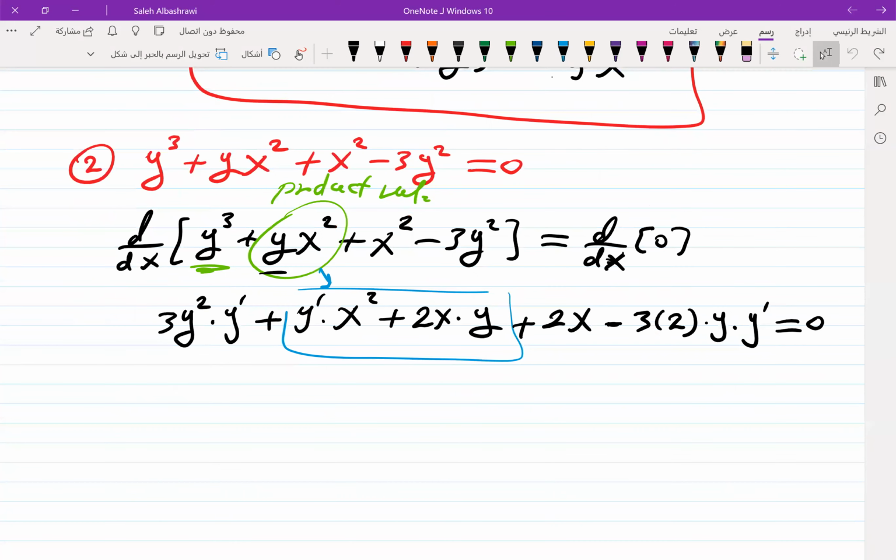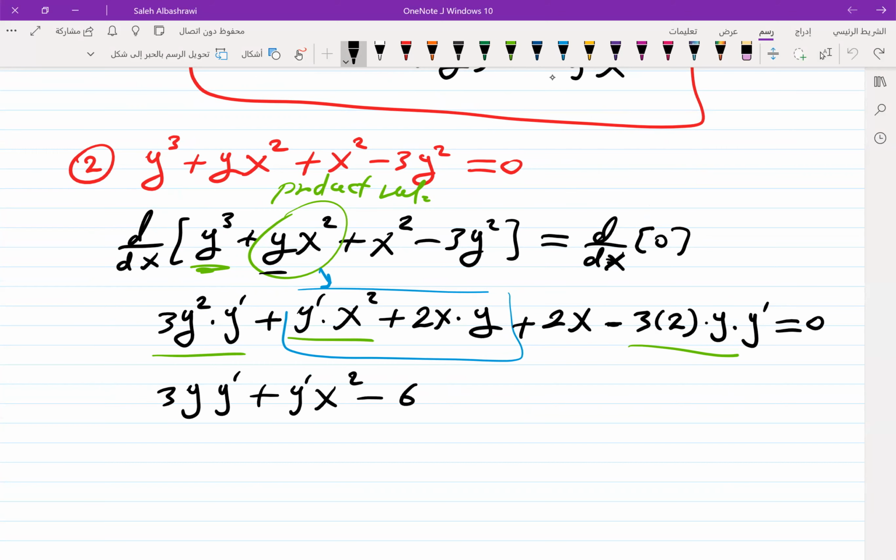Now I will keep the terms with y prime on the left hand side. These are this term and this term and this. We have 3 terms. So I have 3 y squared y prime plus y prime x square minus 6 y y prime equal to minus 2x y minus 2x. Just move this term to the right hand side.